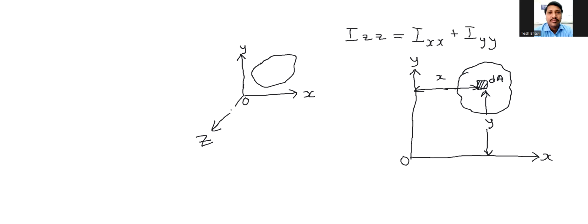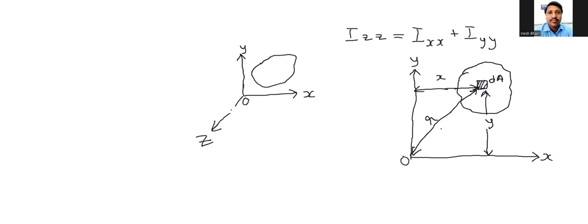Let us consider an elemental area dA at a distance of r from the point O. Let the coordinates of this dA be x, y.